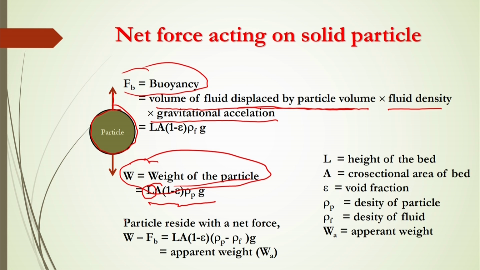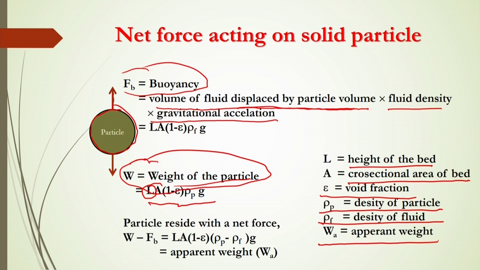L is the length of the fluidized bed, and A is the cross sectional area of the bed. Epsilon is the void fraction. Void fraction means other than particle, what will be the space there. And then rho p is the density of the particle, rho f is the density of the fluid, and W A is the apparent weight.